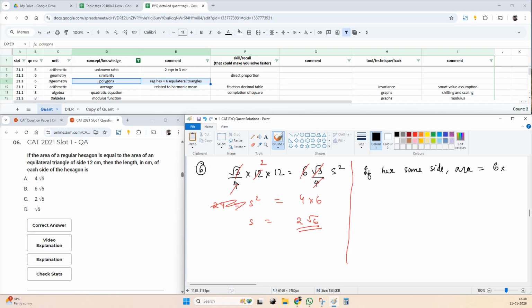If the hexagon had the same side, area would be 6x. I want the area to scale down by a factor of 6, and for this I need the side to scale down by a factor of root 6. So then the answer would be the starting 12 divided by root 6, which is 2 root 6, which conceptually is a little tougher, but I think execution wise is faster than writing this down.